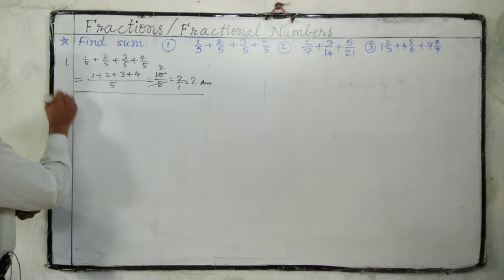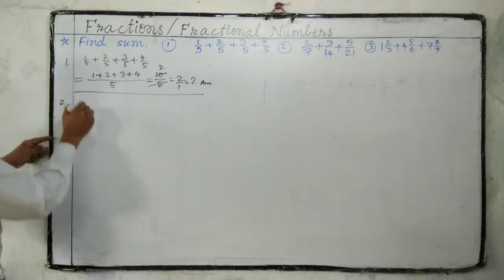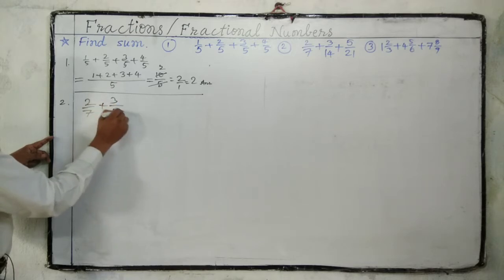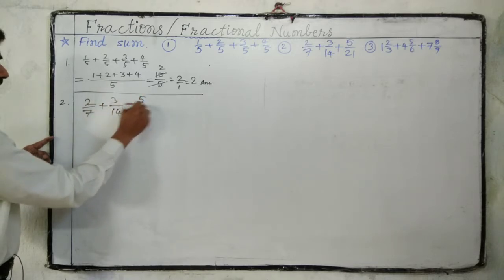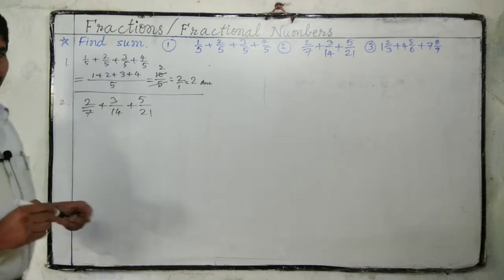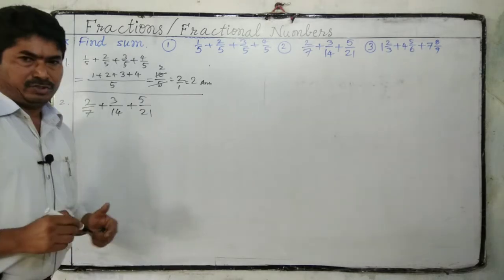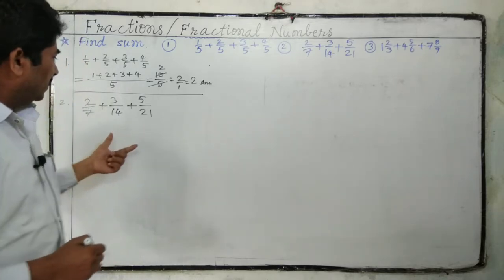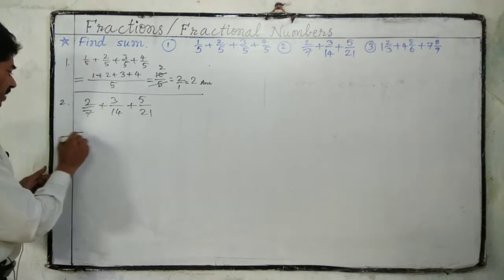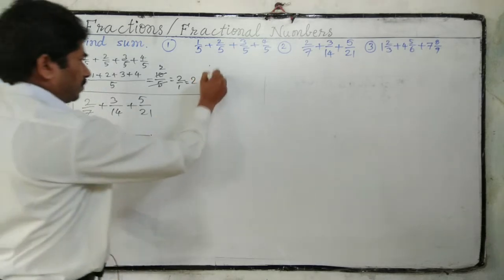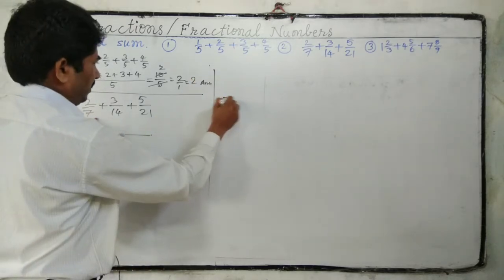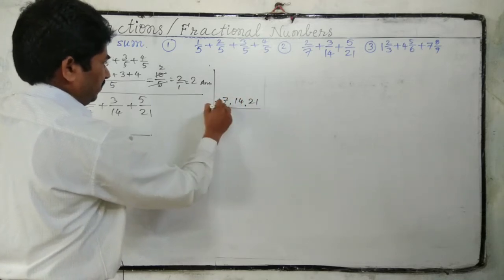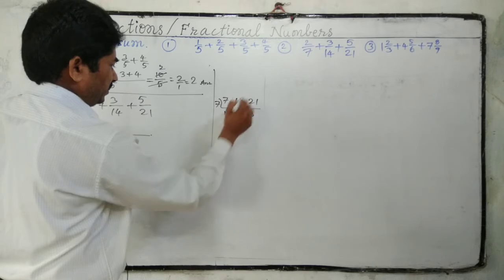Next, second problem: 2 by 7 plus 3 by 14 plus 5 by 21. To find the sum of unlike fractions, we have to take the LCM of the denominators. 7, 14, 21. 7 ones, 7 twos, 7 threes.